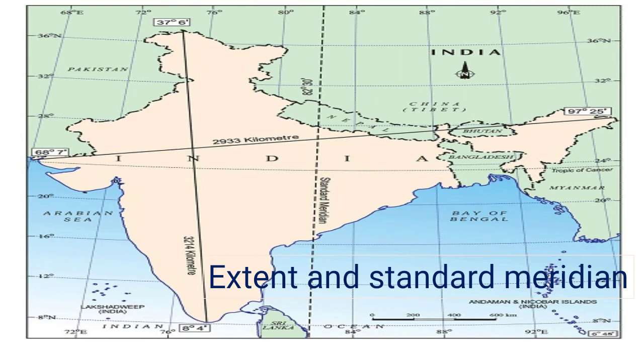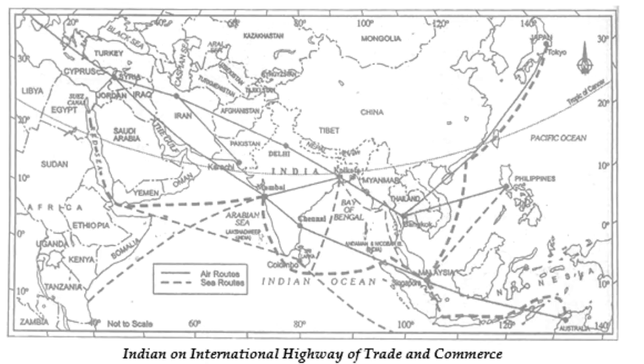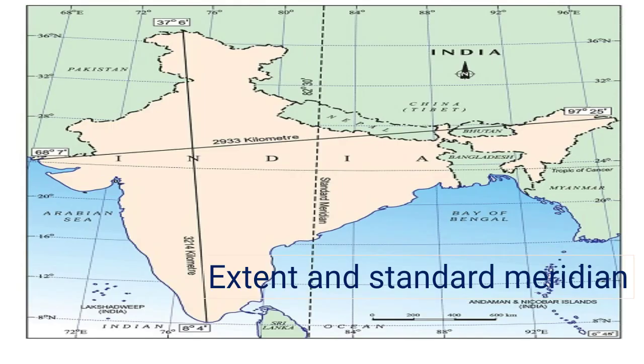The Deccan Peninsula protrudes into the Indian Ocean, thus helping India to establish close contact with West Asia, Africa and Europe from the western coast, and with Southeast and East Asia from the eastern coast. No other country has a long coastline on the Indian Ocean, and indeed it is India's eminent position in the Indian Ocean.